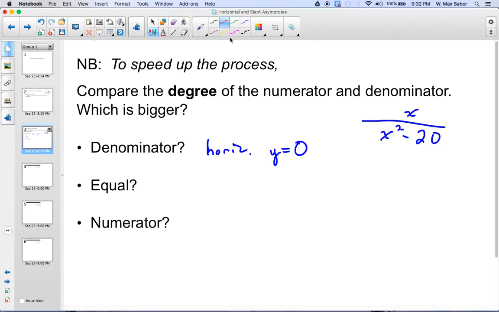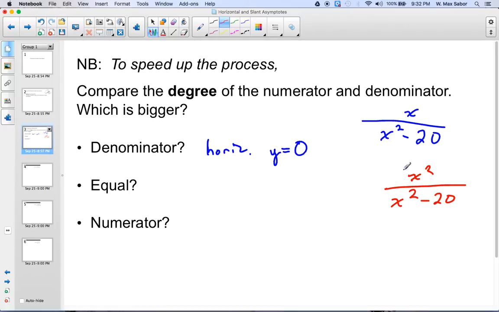What if they're equal? Then that would look like something like x squared over x squared minus 20. And if this happens, then the shortcut to doing this division is just divide the coefficients of those leading terms.